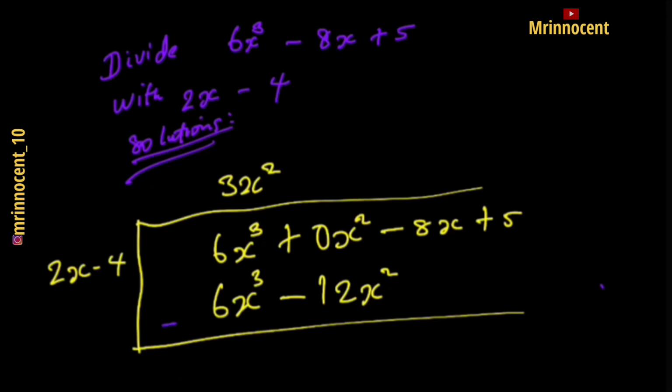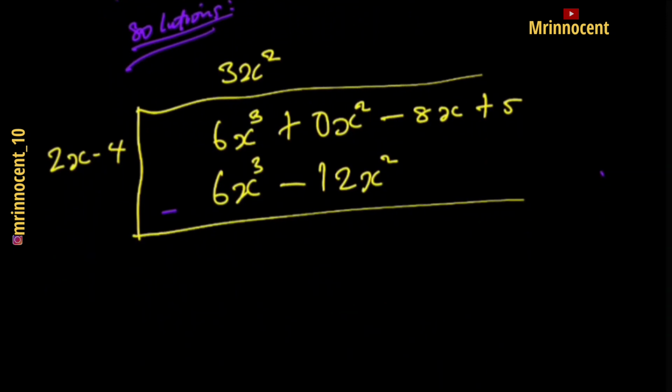So you subtract. You have minus 12 is plus 12x power 2 minus 6x plus 6x, 6 minus 6 is 0. So bring down minus 8x plus 5.